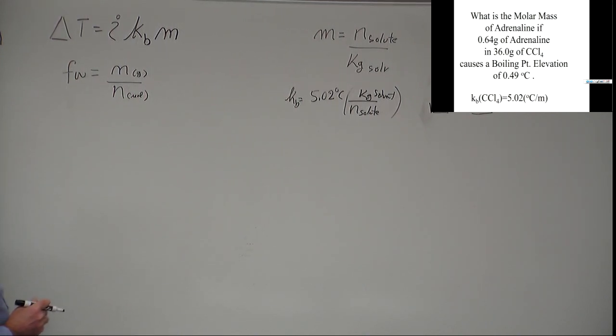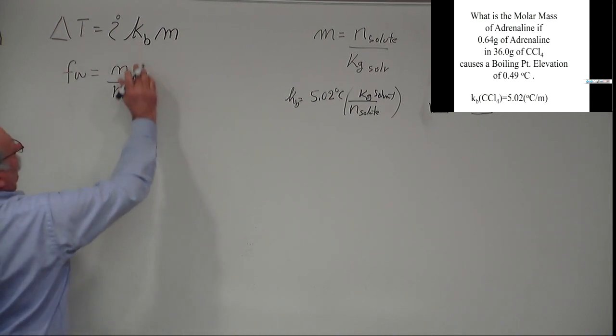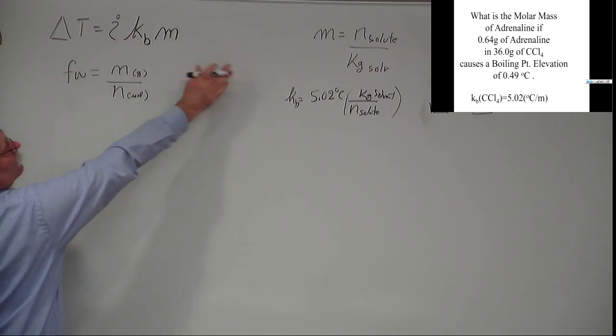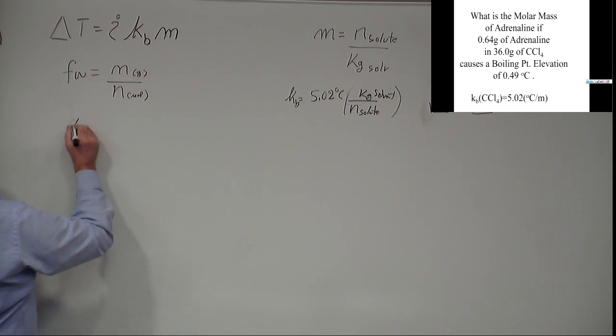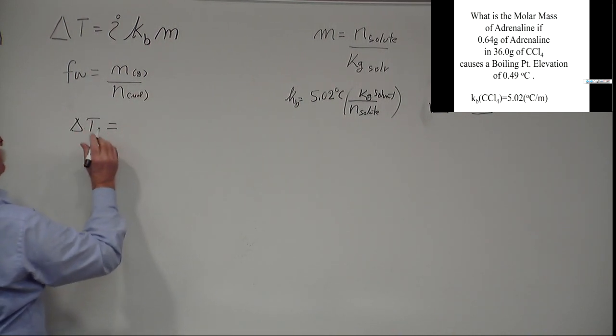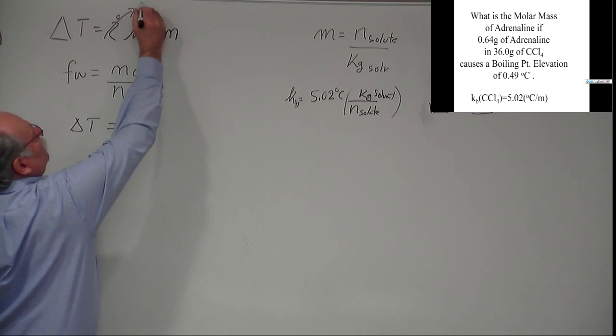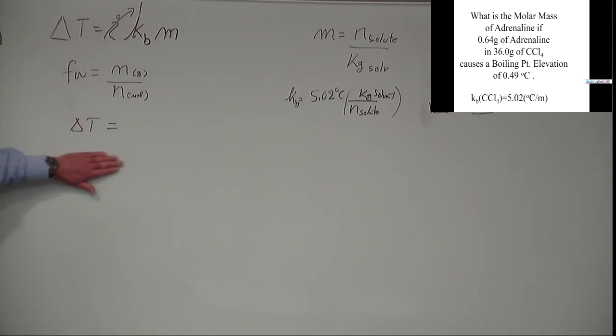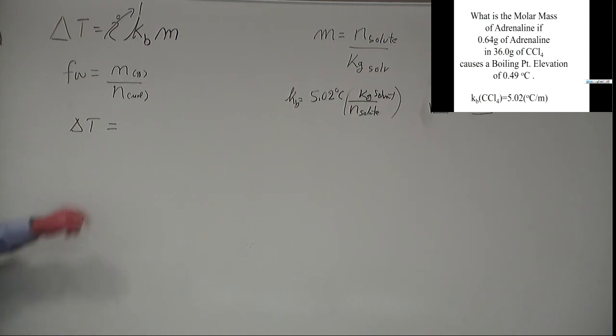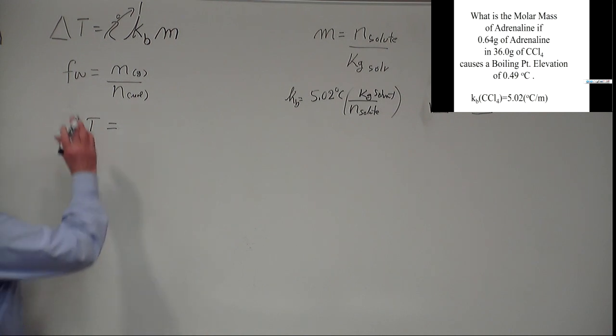All right. Now, let's look at this here. What I'm going to do is substitute in for molality. So I have delta T is equal to, and since this is a non-electrolyte, this is 1, and as I said, many books even ignore the 1 when they're writing the Van't Hoff factor. But I think you should write it down there so that if you do have an electrolyte, you remember it.